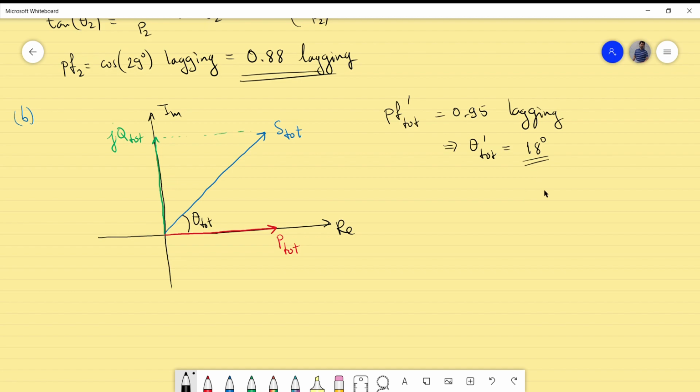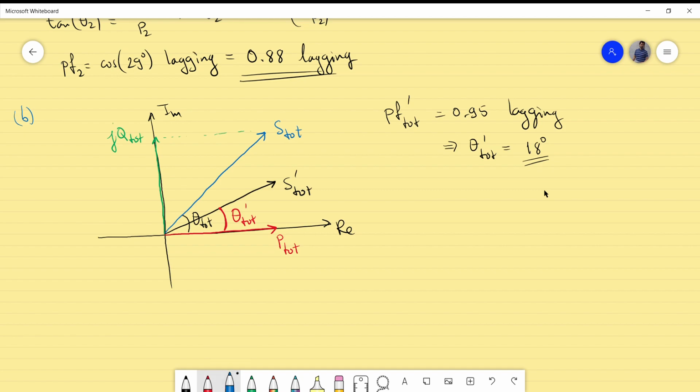So let's make the drawing. I will make it in black. So I will move from the origin and then make an S total prime, and this phase here, let me make it in red. This phase is theta total prime, and that must be equal to 18 degrees.